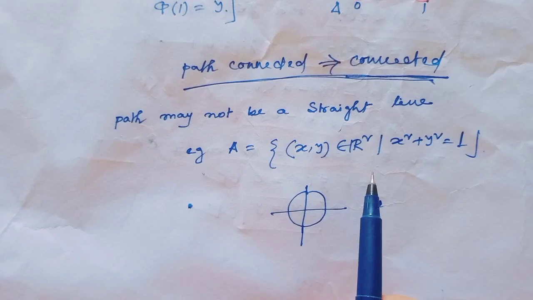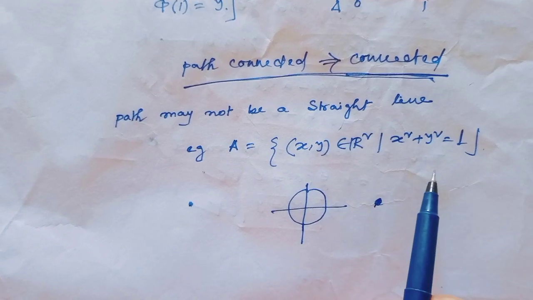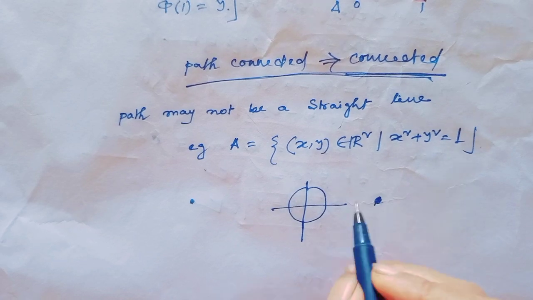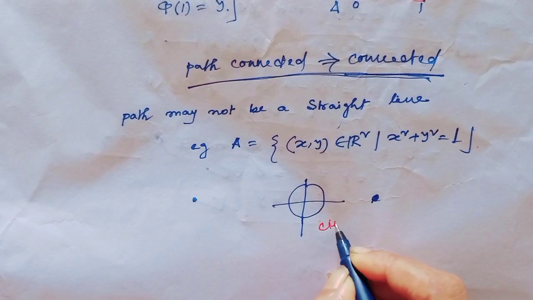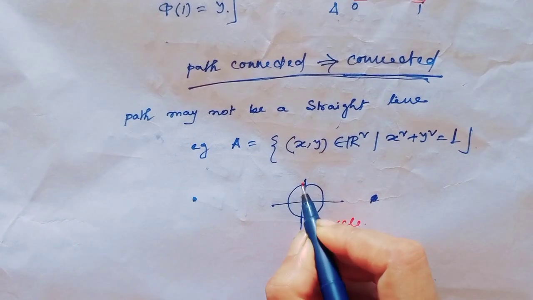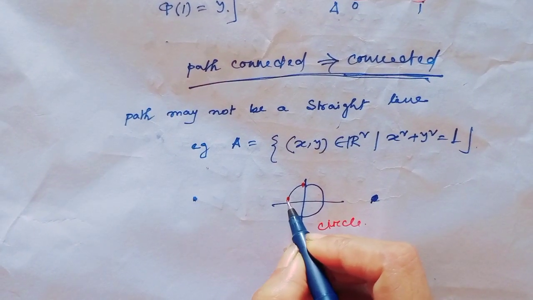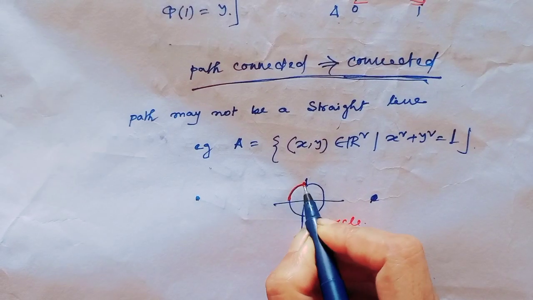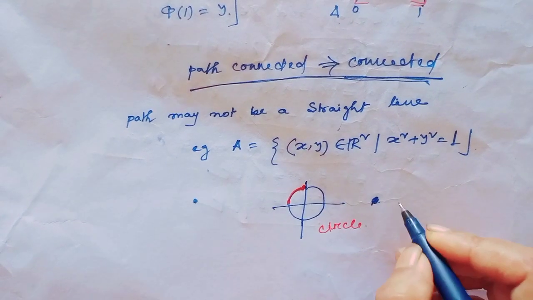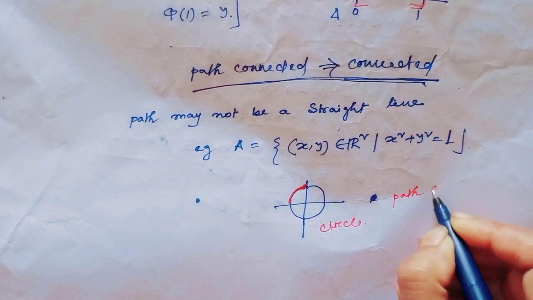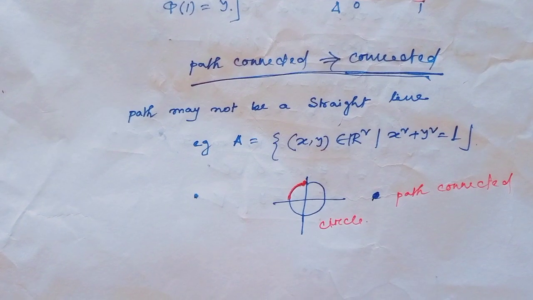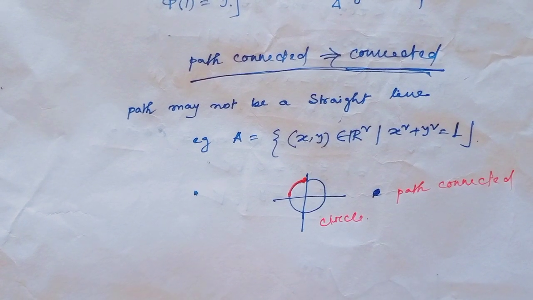If we consider the set of (x, y) belonging to R2 such that x squared plus y squared equals 1, consider this circle. This is path connected because if we consider two points here, then I will always get one curve in this circle. So this set is path connected, and path connected always implies the set is connected.